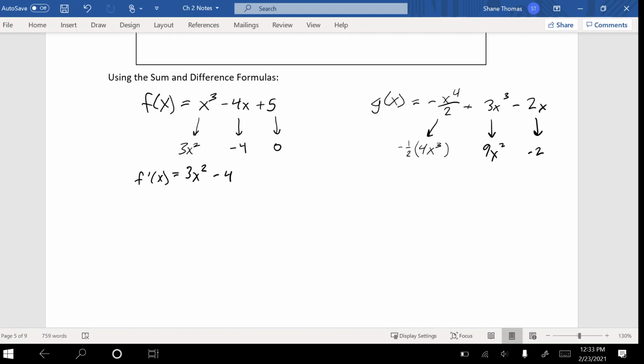Okay, multiply that, and I'm going to have negative 4 times negative 1/2 is going to be negative 2x to the 3rd. Okay, that's the derivative of that. So then g prime of x, negative 2x to the 3rd, plus 9x squared, minus 2. Boom. Done. Questions?